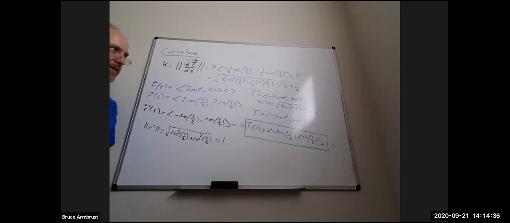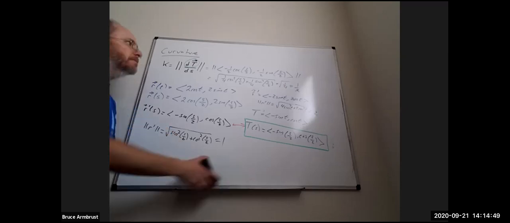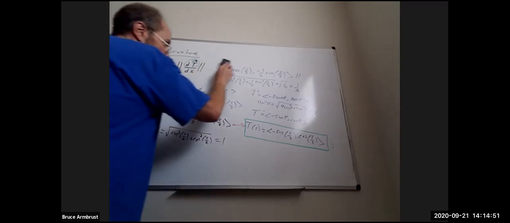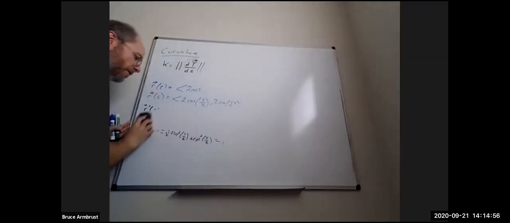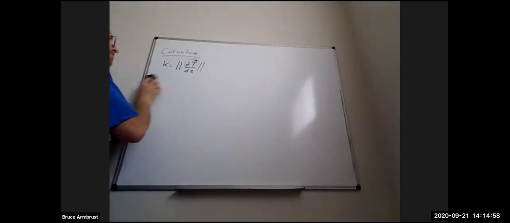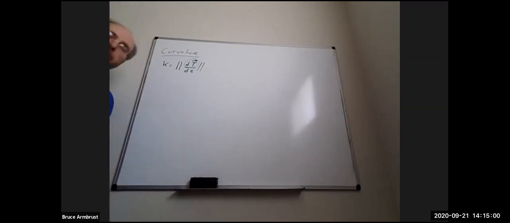So having it this way isn't optimal. Yes, it's a great definition, but it's horrible for actually working things out with it. So let me give you some other ways that we can define curvature that bring it back to other forms that are much more likely for us to have. Specifically, let's start with if we're in terms of t.